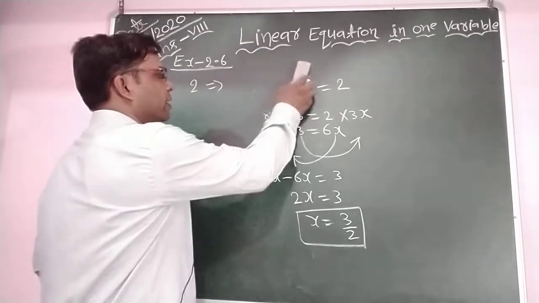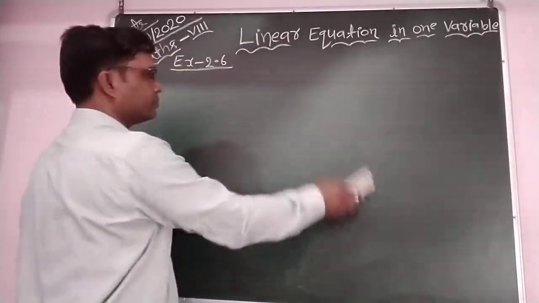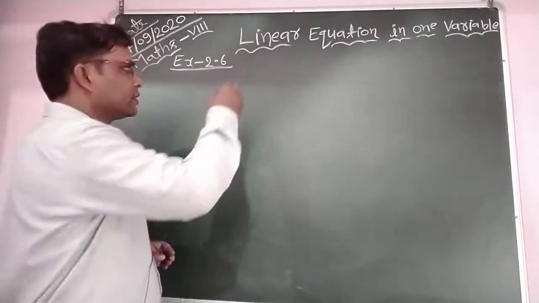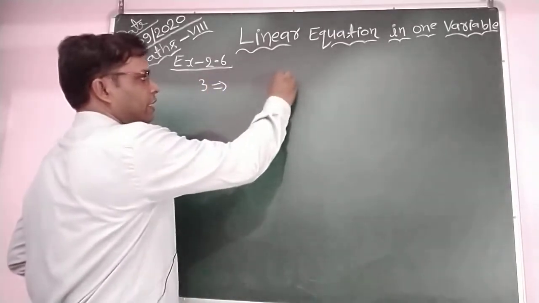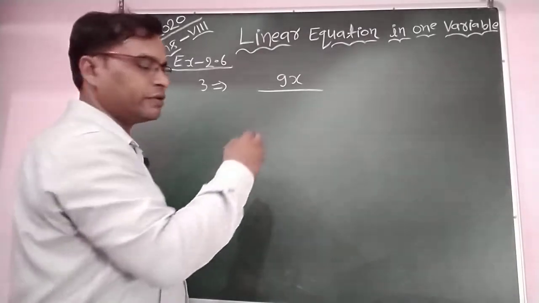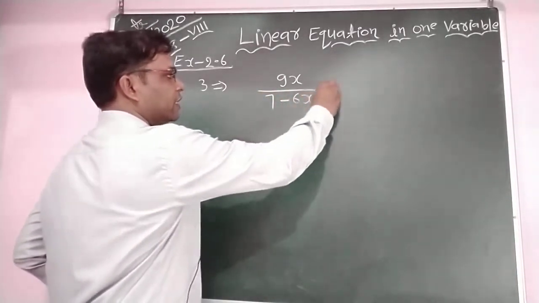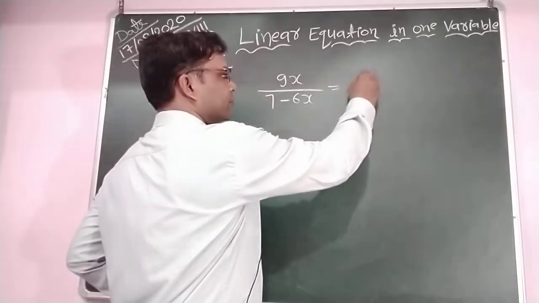So let's see how to solve this question. Question number 3 is given, 9x by 7 minus 6x, this is equal to 15. Clear?